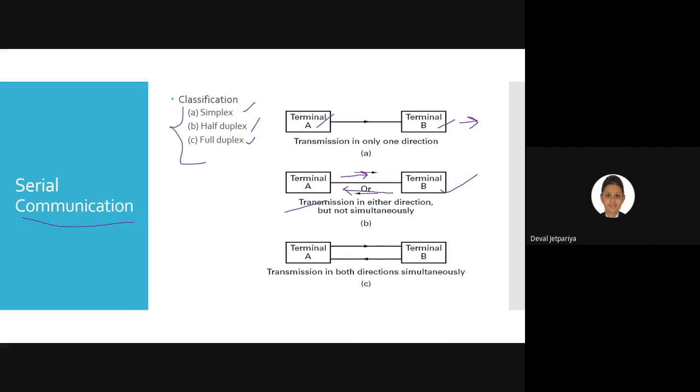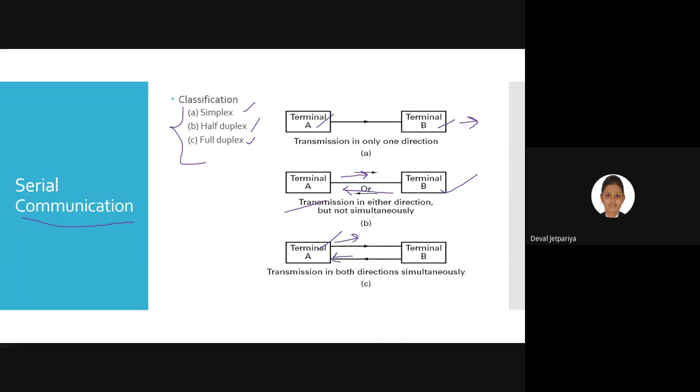And the third way is full duplex. In full duplex, at the same time both terminals can be a source as well as a destination, right? So here, terminal A can send as well as receive data at the same time.